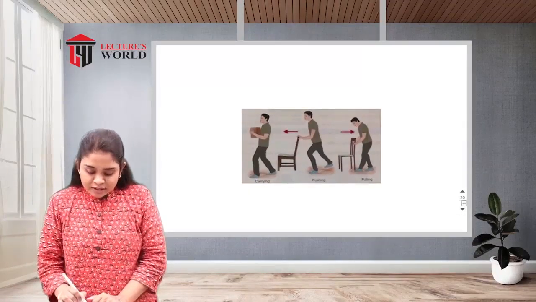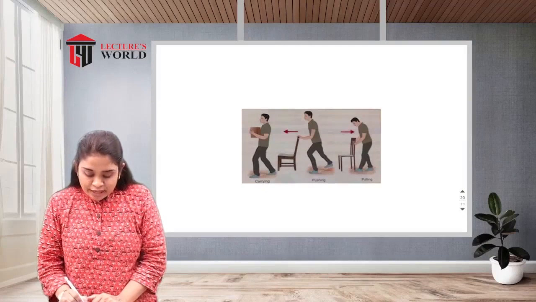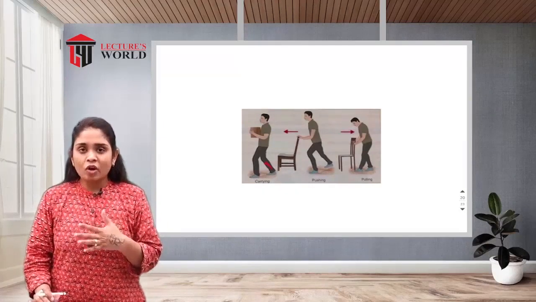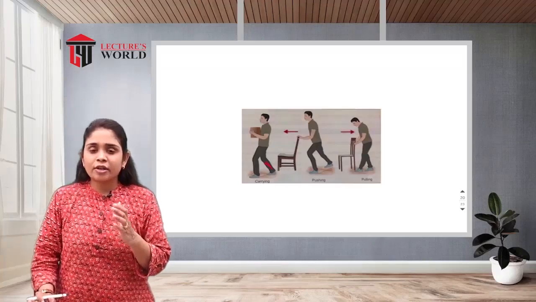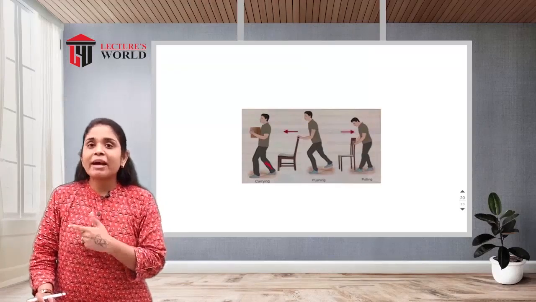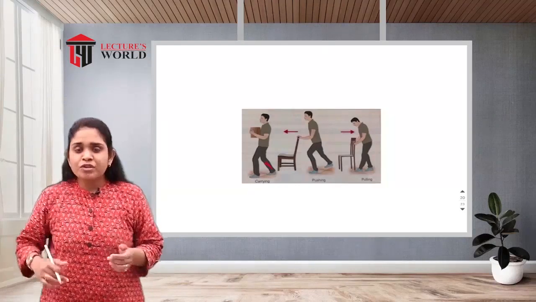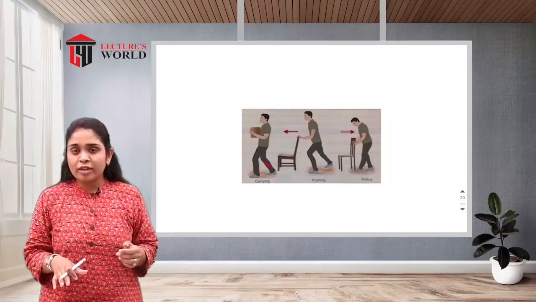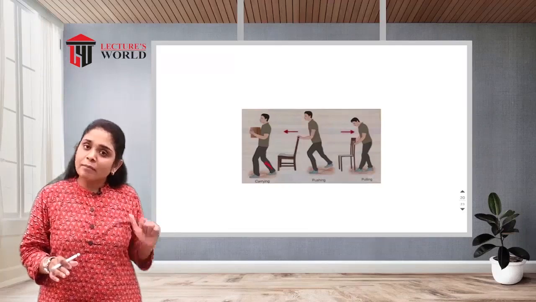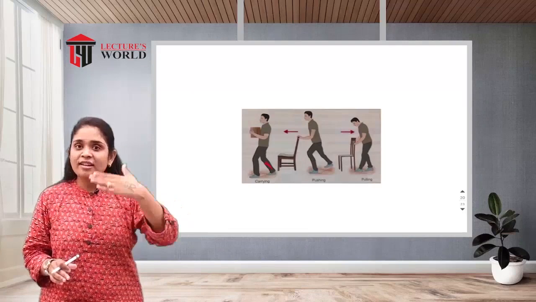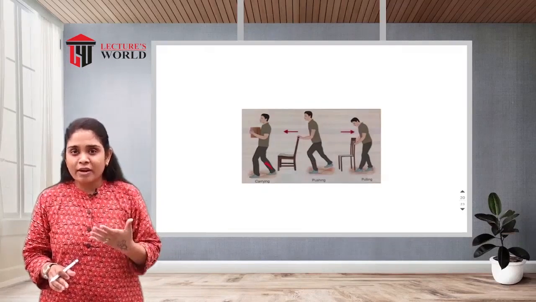when we are carrying something, that time what we will do, the rear leg, meaning the leg we are not going to use for a long time. It's like if we walk, one leg will be on the back side. So if I am walking, first I take my right leg, so that time the left leg will be on the back side. That left leg backside portion is known as the rear part.